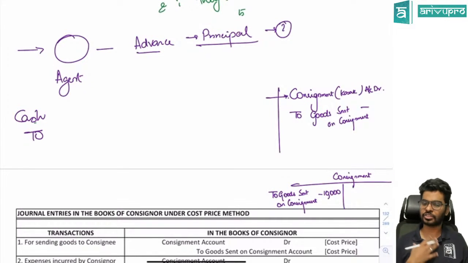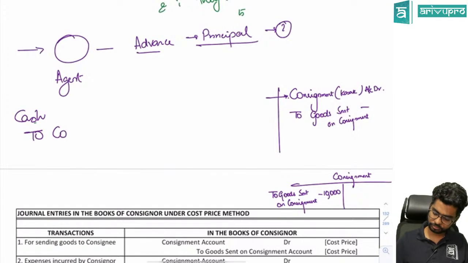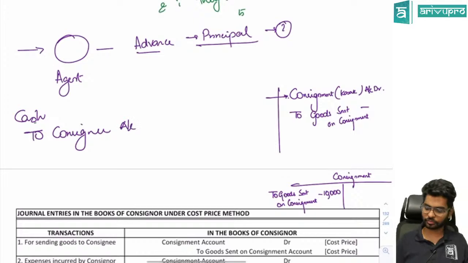He is getting cash from the consignee. Are you guys clear? Cash to consignee account. Are you clear?